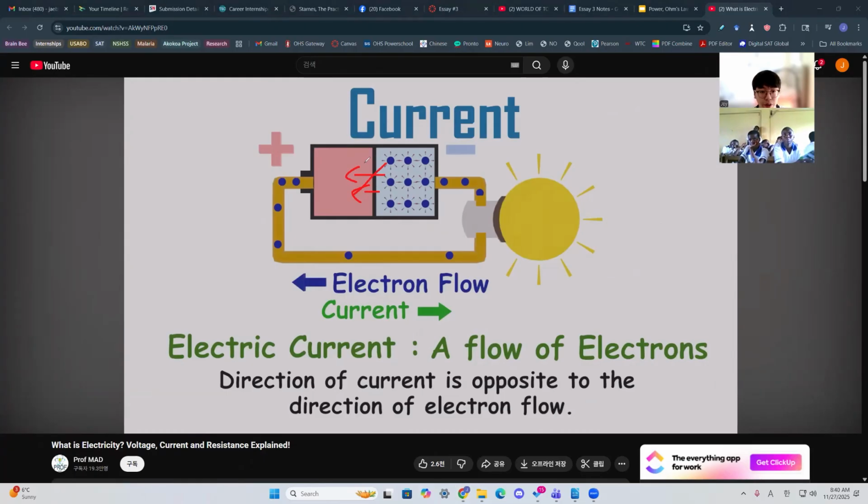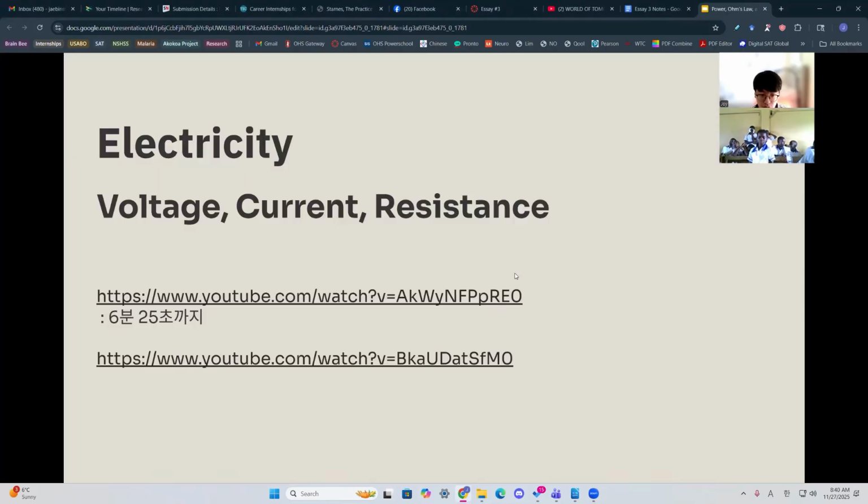This cannot happen. So that's why you need to connect a wire that helps electrons go to this side. So it's going this way and it's being filled up. And once there's no more energy to move the electrons to the right side, then the battery has been drained out. Okay. That was what the video talked about.